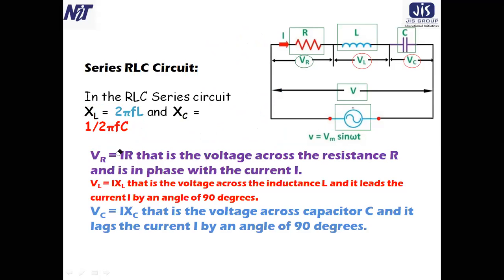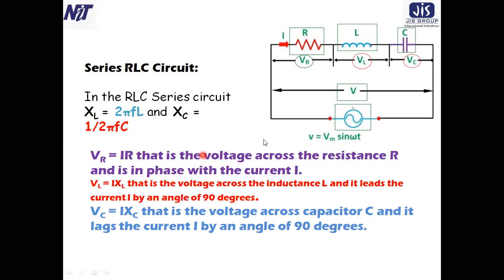Now, what is VR? VR here is IR, the voltage drop across the resistor because the current is I. So VR is I into R as per Ohm's law. IR is the voltage across the resistor R and is in phase with current I. So using Ohm's law simply we can say that VR equals IR.